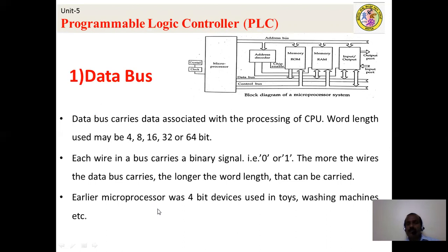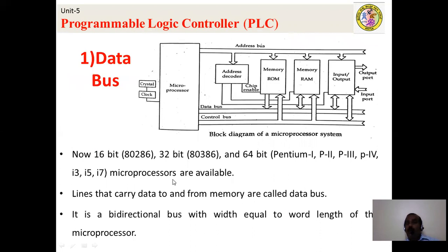Earlier microprocessors were 4-bit devices, which were used in toys, washing machines, etc. Now we are using 16-bit, 32-bit, and 64-bit microprocessors. The lines that carry data to and from memory are called data buses.